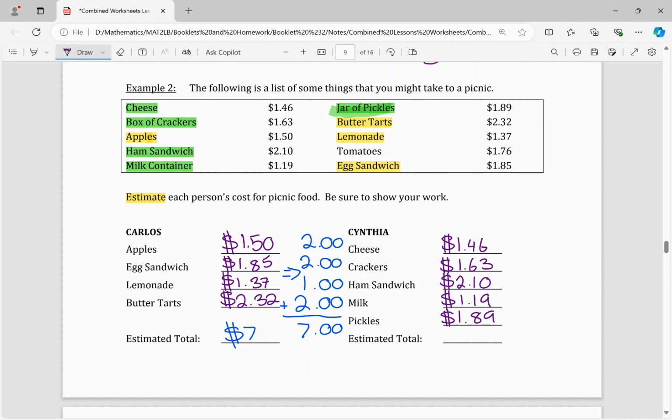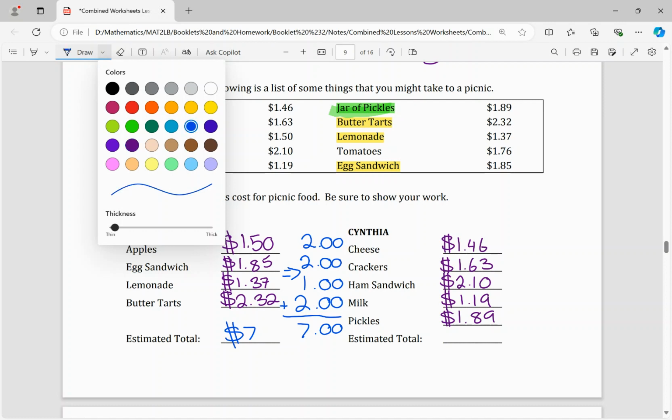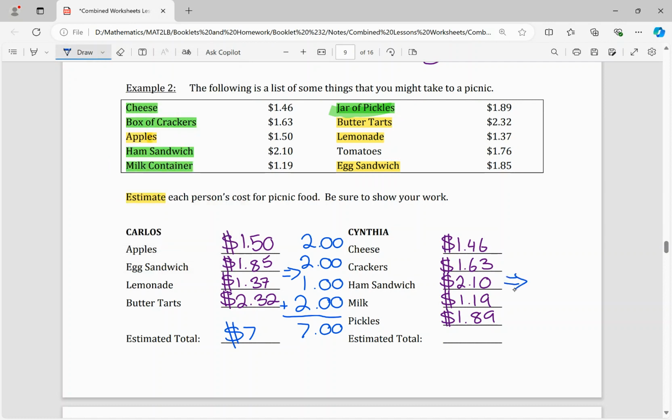Now again, we would like the estimated total, not the exact total. So let's move over to blue, where we're going to round each of these numbers and then add them up. So always rounding to the leftmost number. Our cheese is going to be roughly $1. Again, we round down because the 4 tells the 1 to round down.